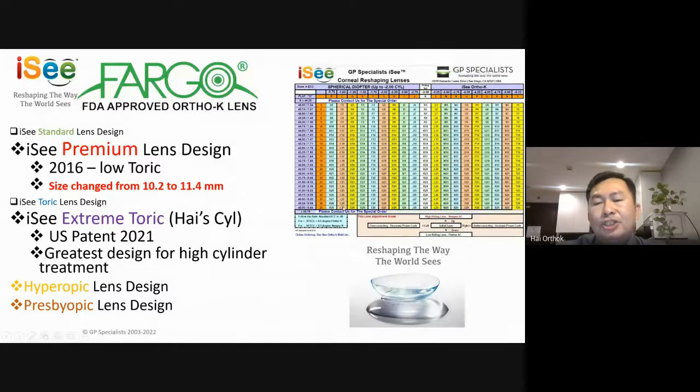On the bottom of the chart is a very flat eye. A flat eye has a bigger diameter. So the premium lens is a very good, effective lens in consideration of size and centration. Because of that, with the IC lens you have a very effective tool for fitting the cornea according to its toricity.